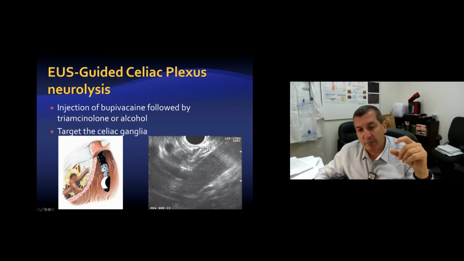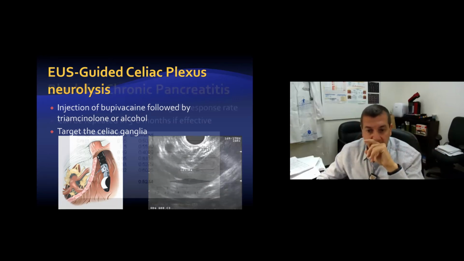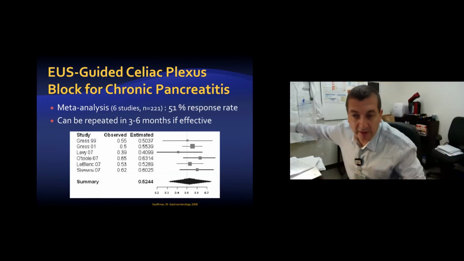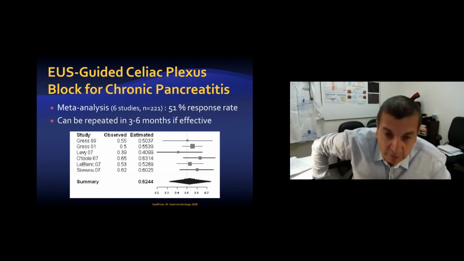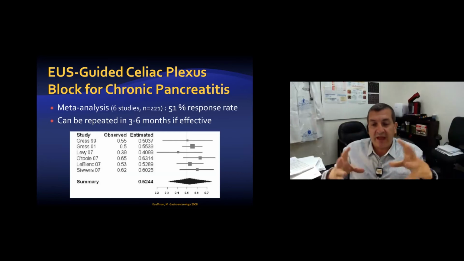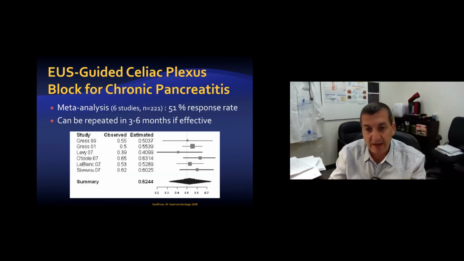We inject bupivacaine first to numb that area, and then follow with either triamcinolone or alcohol for ablation. Again, we target the celiac ganglia to treat. Now, for chronic pancreatitis, it is a 50-50 chance. Not everybody responds, a lot of it because the pain from chronic pancreatitis can be difficult, as it has multiple pathways, and just blocking the ganglia will not always give results.